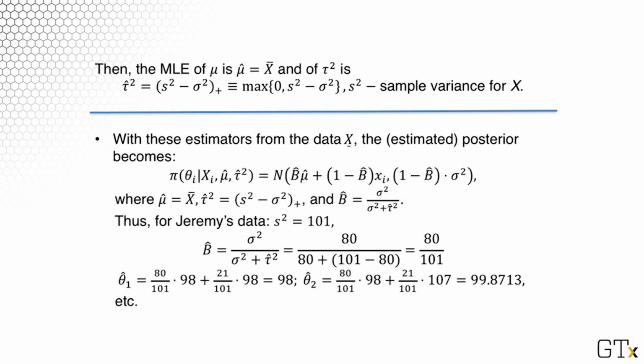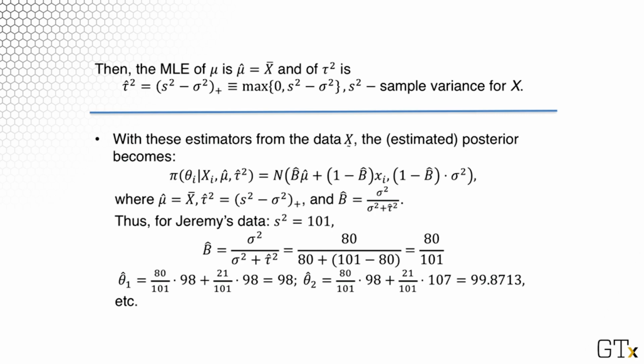Well, this comes from the fact that tau squared has to be positive because it is an estimator of a variance. s squared is the sample variance of the x's, and sigma squared is the variance from the likelihood, the elicited one. So tau squared is the difference of those. Of course, it has to be the maximum between 0 and the difference. So these are the two maximum likelihood estimators of the parameters.